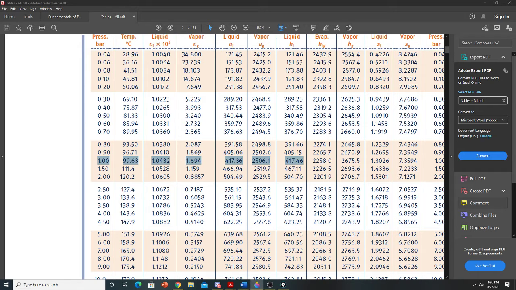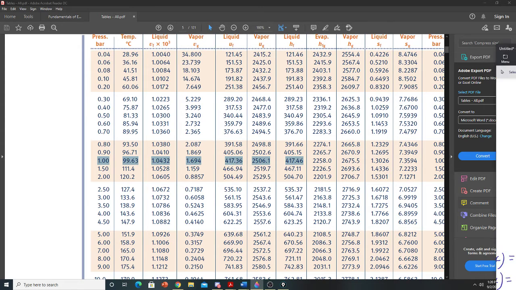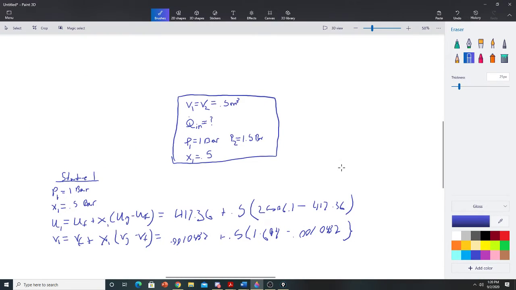My writing is really bad on this one, but hopefully you can figure that out. So let me pull this back. Right here, I apologize. I'll use the text tool from now on. Right here, U1 is equal to this. V1 is equal to this.